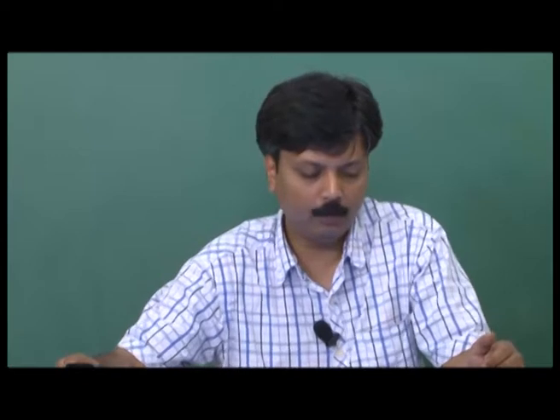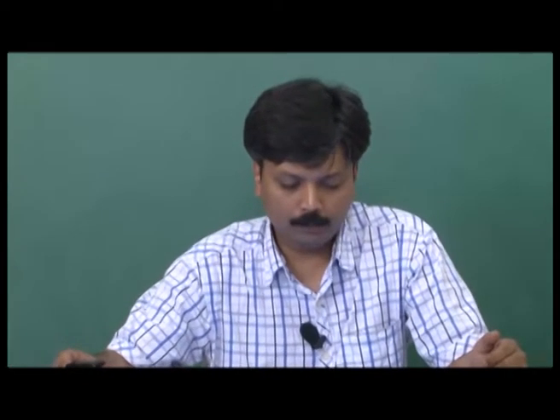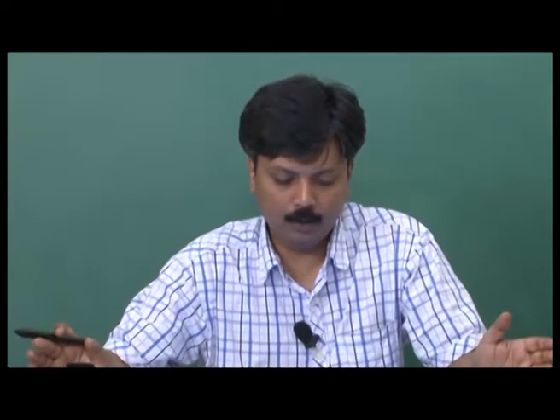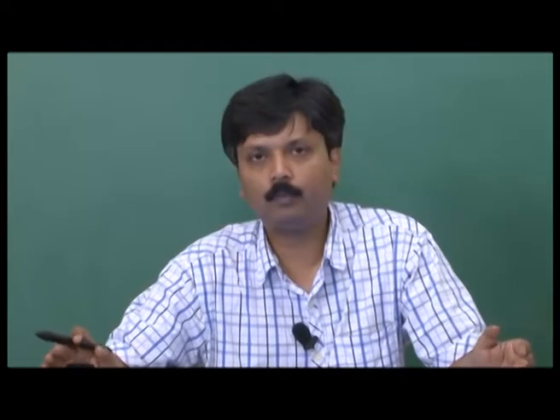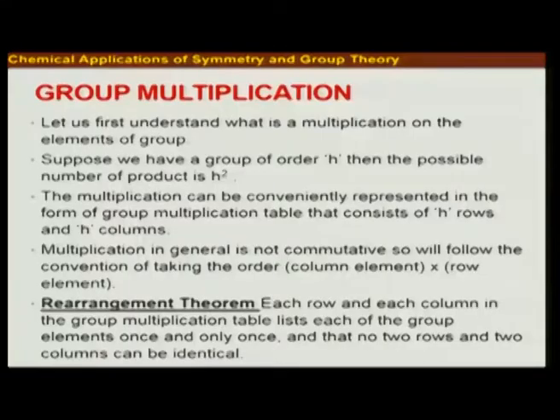So on your screen, if we take a group which has an order h, you know what the order is? The order is the total number of elements in a group. That means in the case of a point group, the total number of symmetry operations in the point group is the order of the group, which is represented by h here.